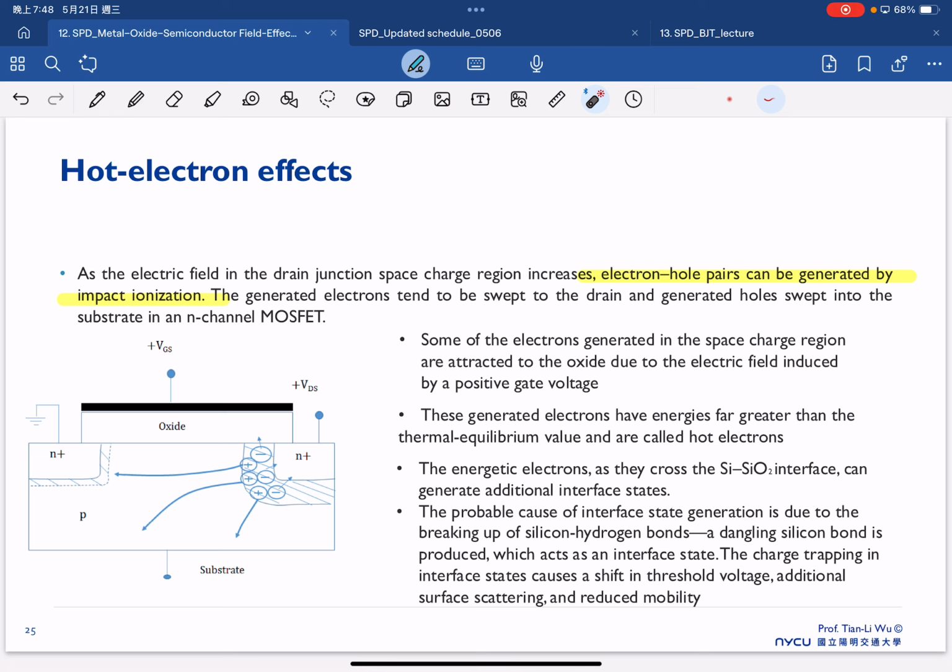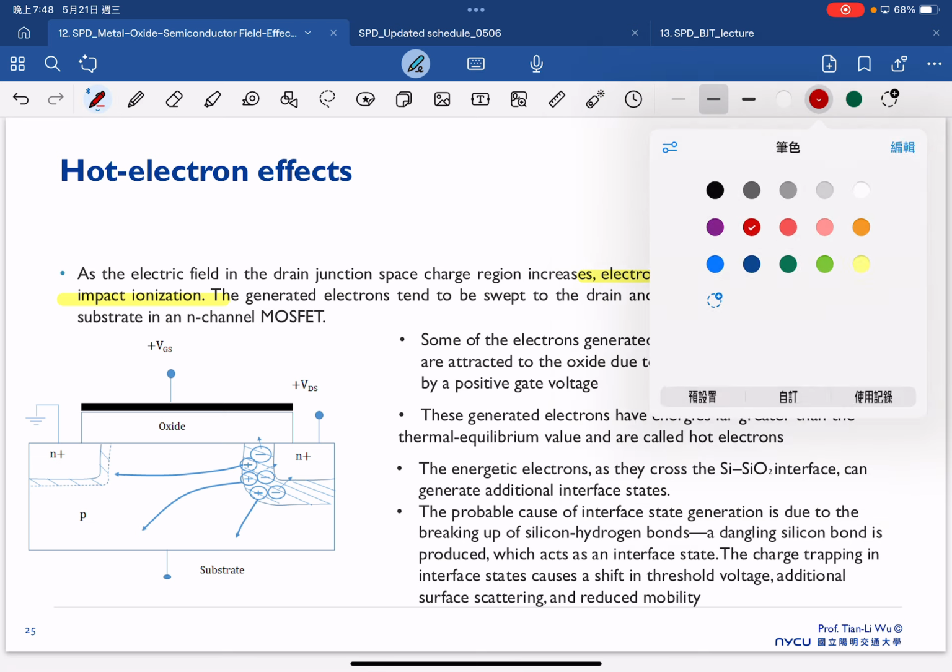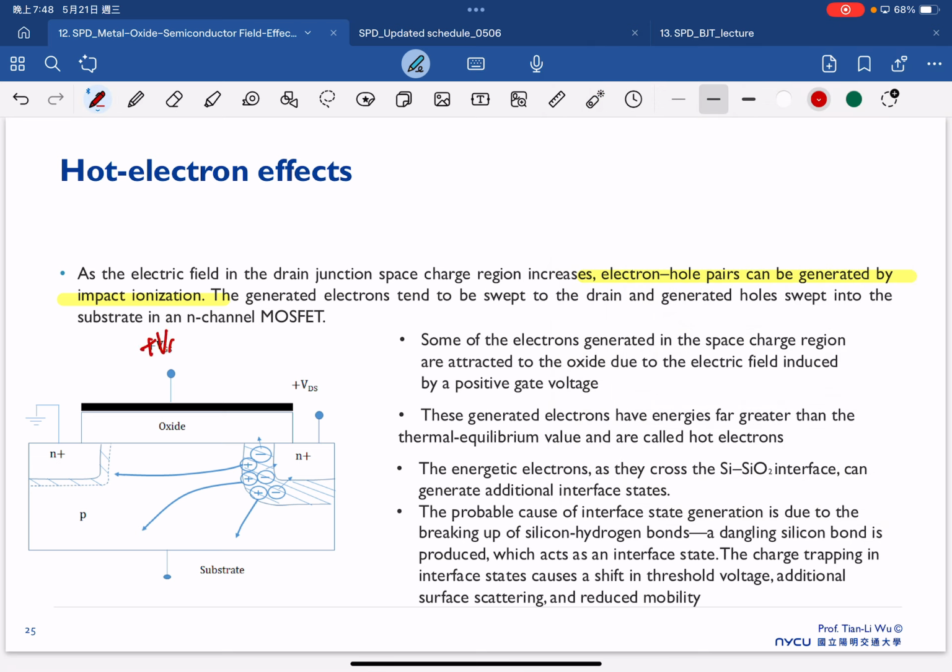So this is the situation. First, we have a VGS, so we have a gate bias, but also a VDS here.